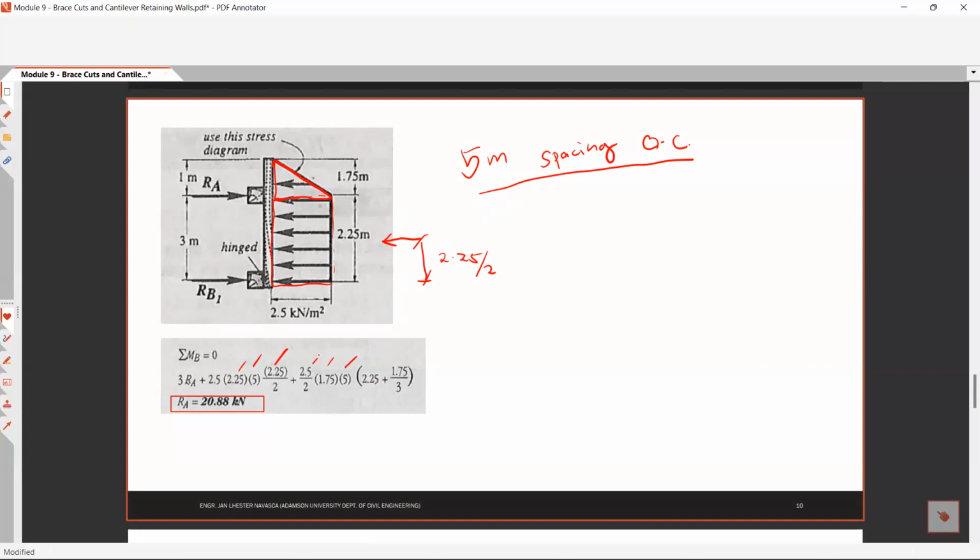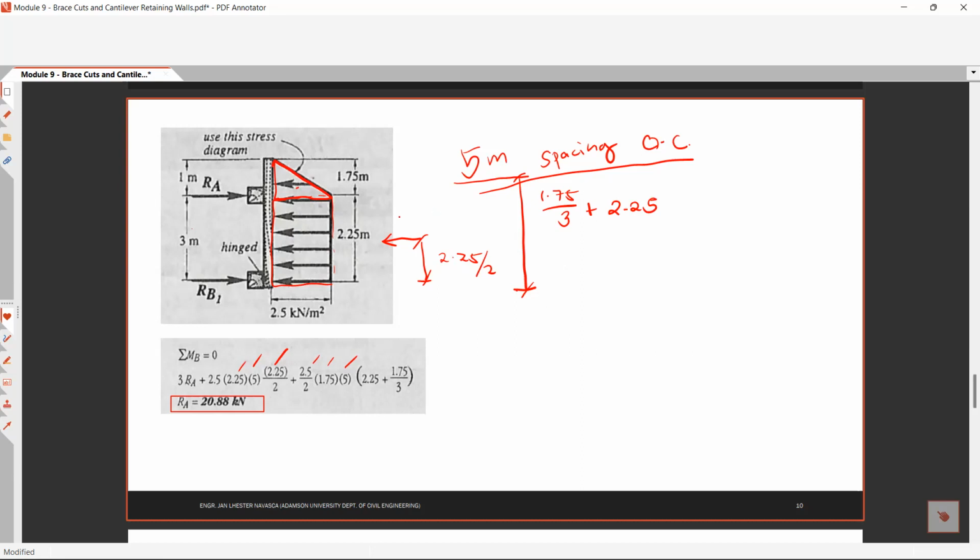And the centroidal distance of the pressure diagram to RB1, this distance, is 1.75 over 3 plus 2.25.